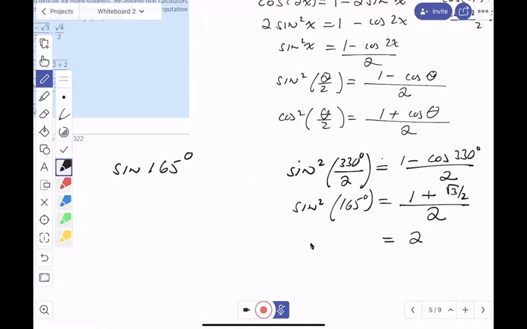You would get 2 plus root 3 over 4. And that's sine squared 165. Here comes my problem. I didn't want the sine squared of 165 degrees. I wanted the sine of 165 degrees. Now here's the problem. It could be plus or minus that. But I hope you realize that the sine of 165 is in the second quadrant, and it's got to be a positive number. So it's going to be the square root of that number. So it's going to be the square root of 2 plus root 3, over 2.